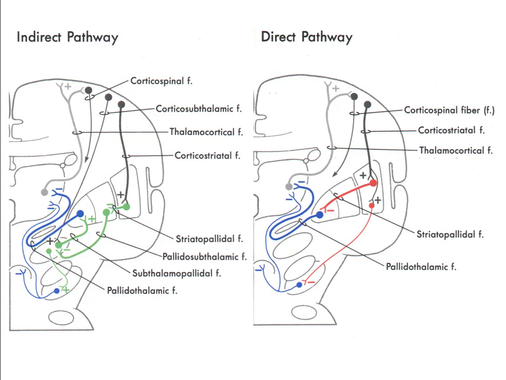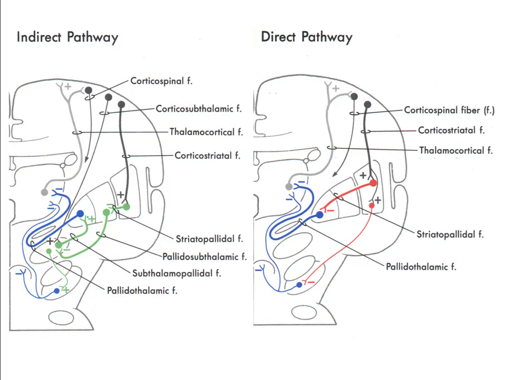It's an inhibitory neuron. So we are reducing the inhibition in the subthalamic nucleus. So what happens to the subthalamic nucleus? It becomes more active. It is a glutamatergic neuron, so it drives the neurons in GPI. And what happens to the thalamus? We increase inhibition.